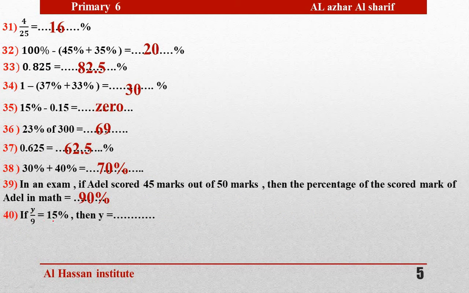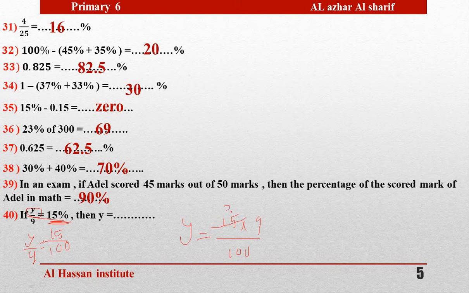If y over 9 equals 15%, then y equals, convert this percent to fraction. So y over 9 equals 15 over 100. Cross product. I want to find y, 15 times 9 divided by 100. 15 times 9 over 100.